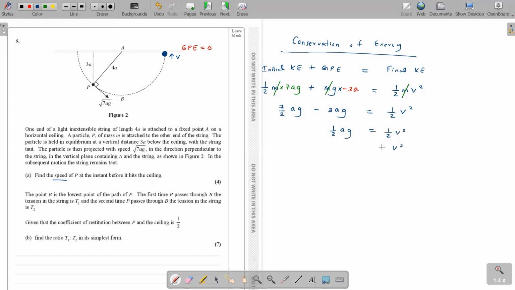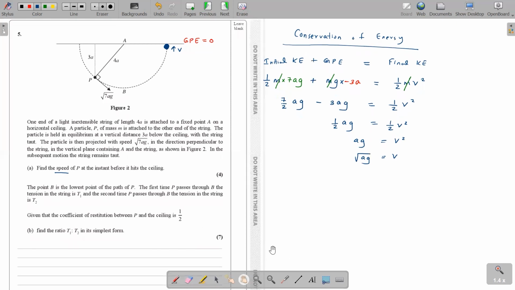So we get v square equals ag. So v equals root ag. Okay, so this is the speed of the particle at the instant before it hits the ceiling. Yeah, so this is the answer.